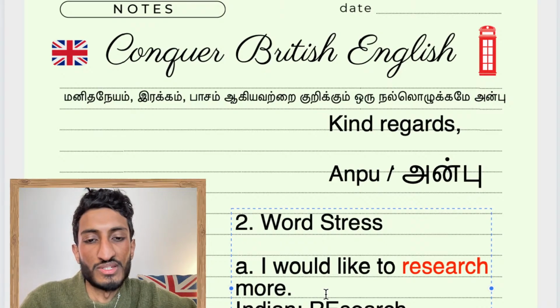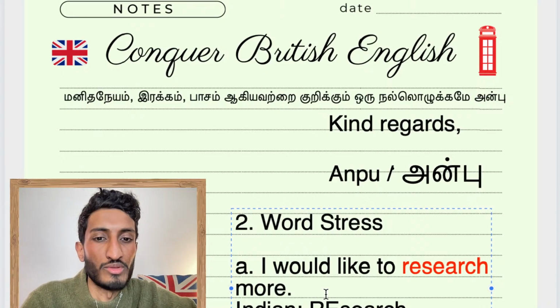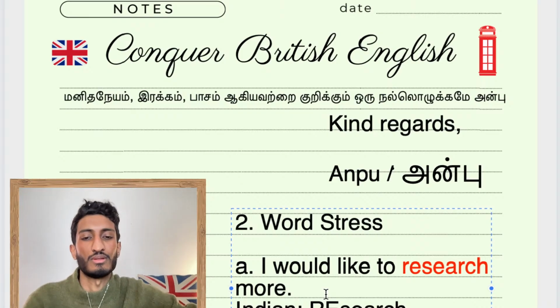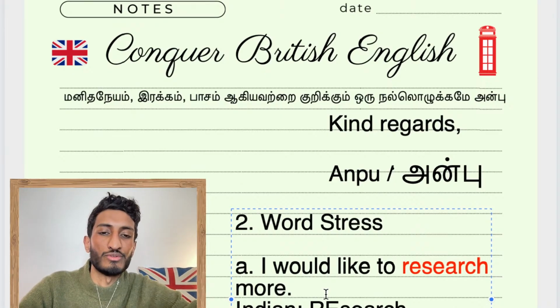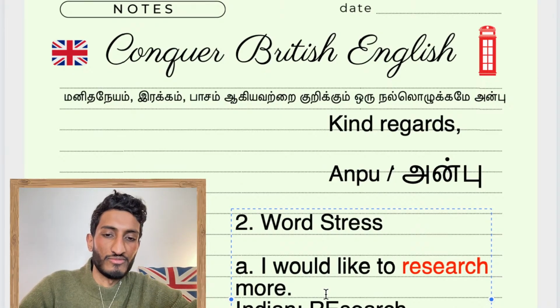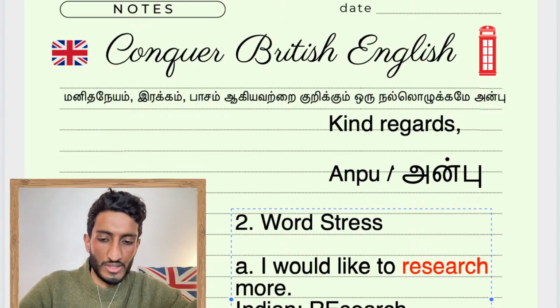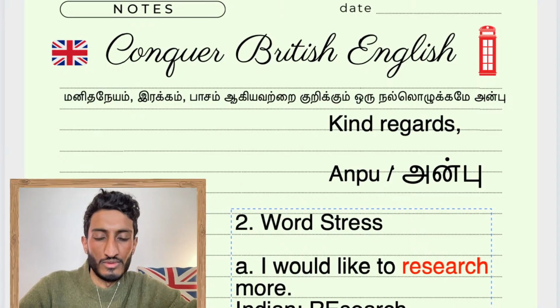But actually, the stress does depend on whether it's used as a noun or a verb. Now, did you know that when it's a noun, it's pronounced differently to when it's a verb? So look at this. So I think this is technically incorrect. I mean, this could be either. Let me explain that a little bit more.